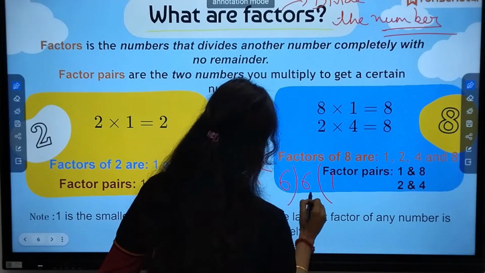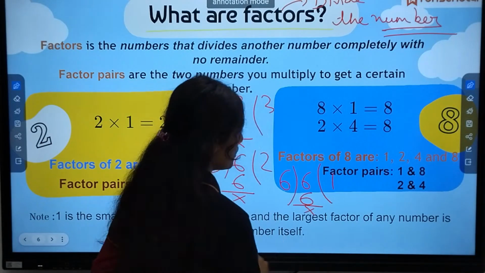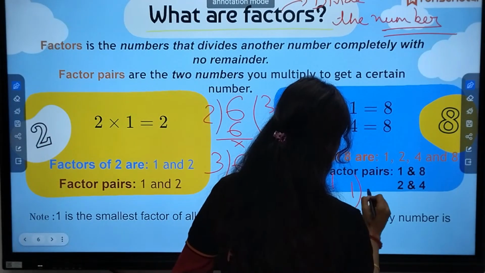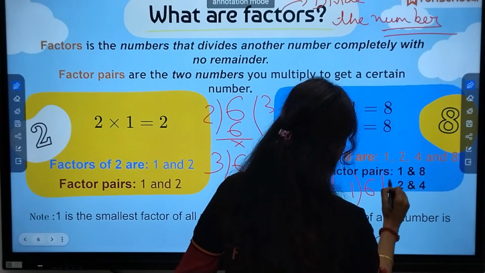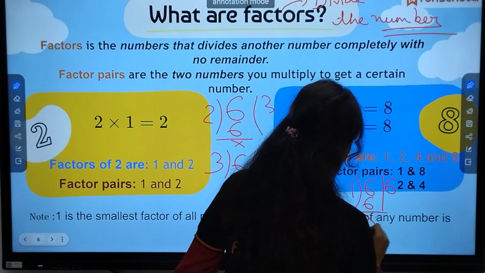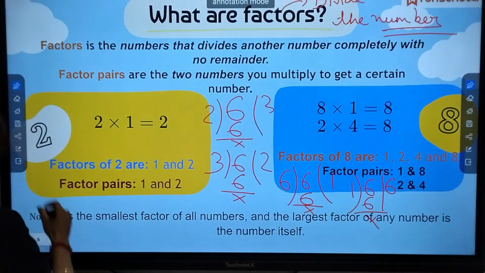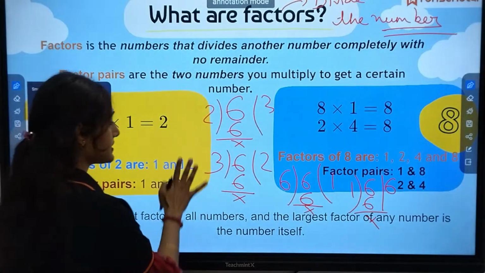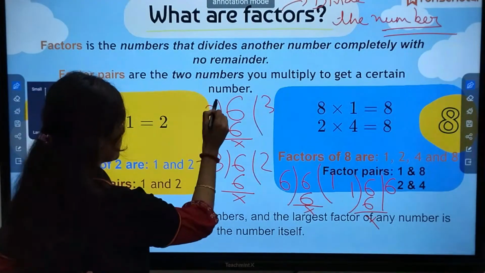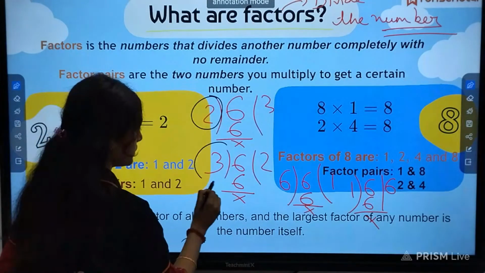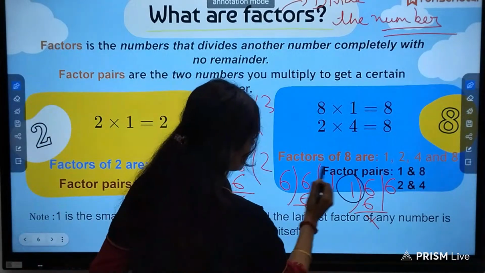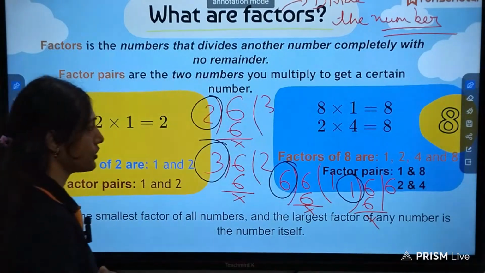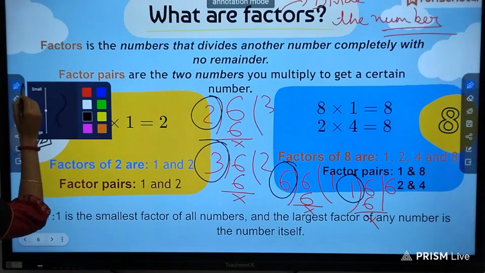The answer will be 1. We can divide 6 by 1. The answer will be 6. So, with what numbers can we divide 6? We can divide 6 by 4 numbers. What are they? 2, 3, 1 and 6.